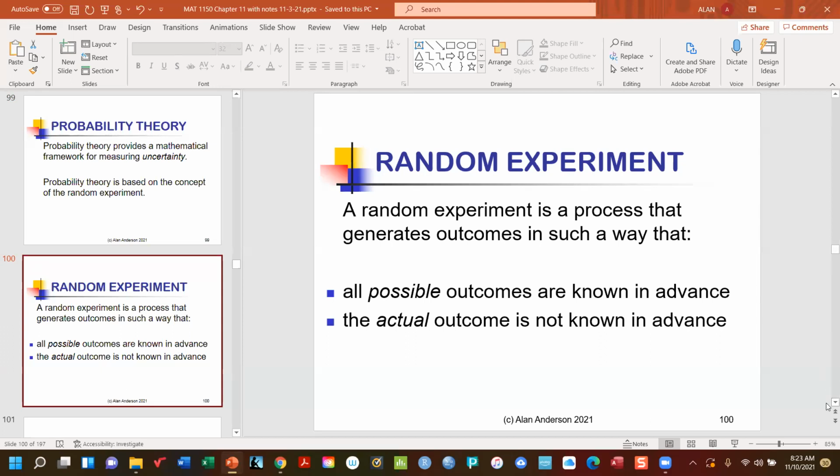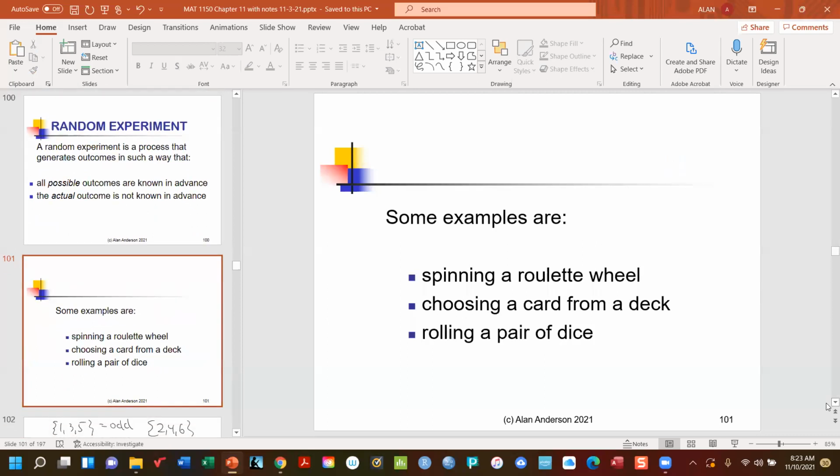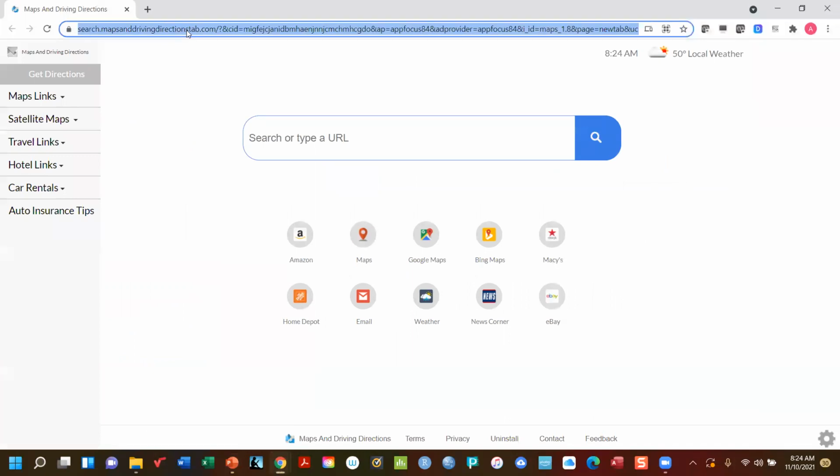There are several good examples of this. It turns out that gambling games lend themselves very well to this type of analysis because of the way they're structured. For example, spinning a roulette wheel. If you're not familiar with a roulette wheel, let me show you a picture of one. It's a game you can play, usually in a casino.